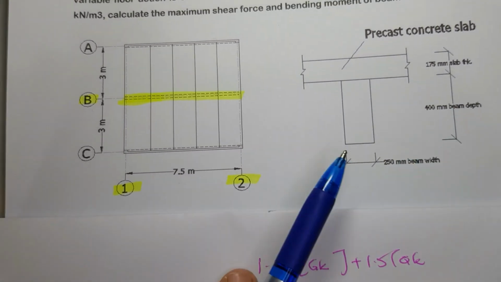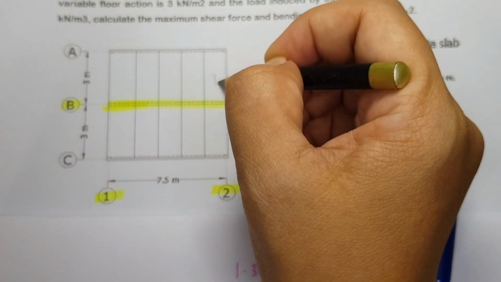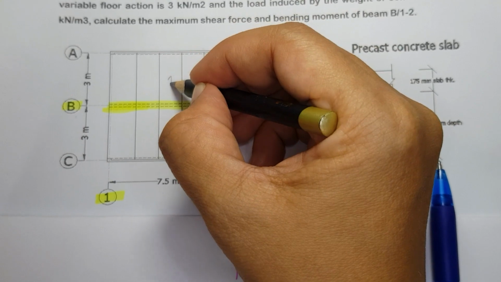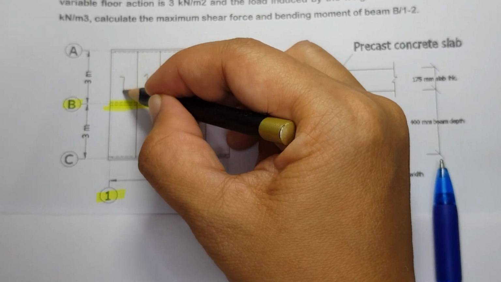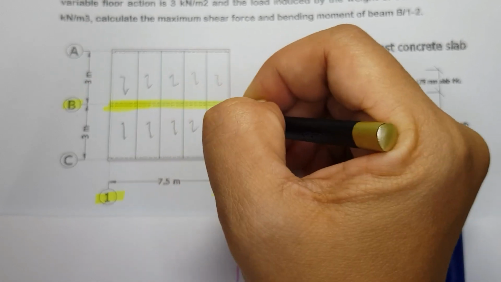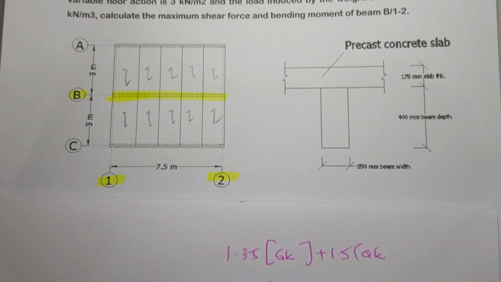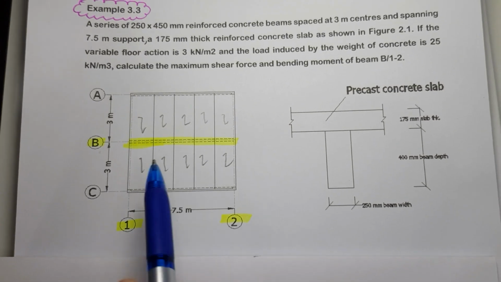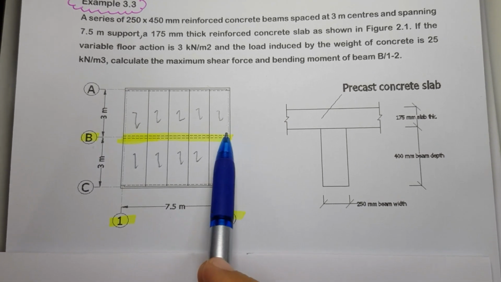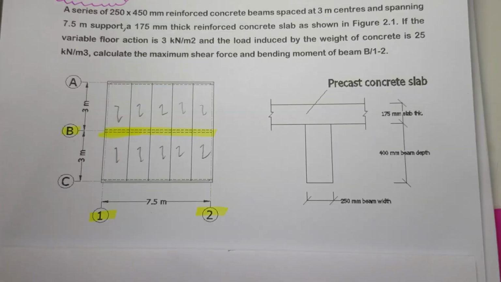So for precast, the load distribution is in one-way direction. The output of this example is maximum shear and maximum bending moment for this beam.